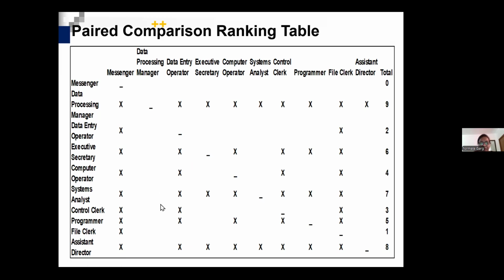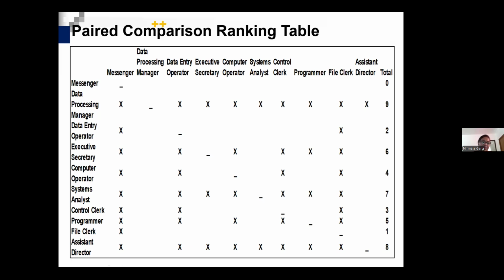Now, can you tell me what are those jobs, at least one set of jobs, which are similar? File clerk, clerk with the data operator, all of them belong to typically the clerical cadre.